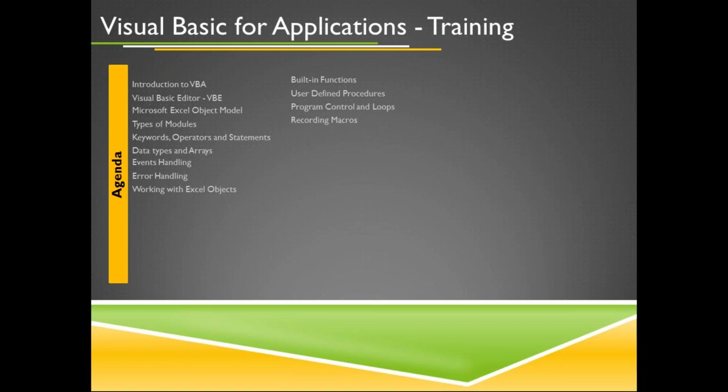Types of modules: as I showed you in the last presentation, we have the general module, class module, and user form module. Those three are used to write code in different ways, using class modules and keywords. What are the keywords present in VB, operators and statements, and how to make use of keywords? Then data types and arrays.